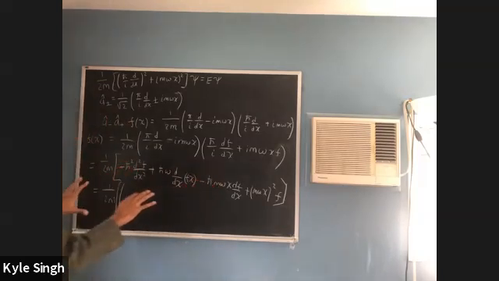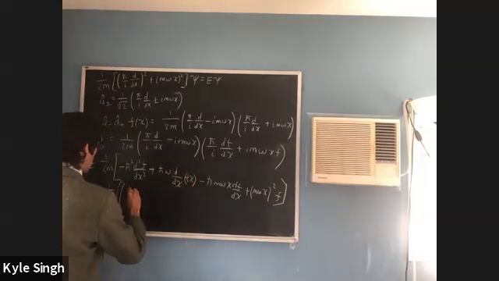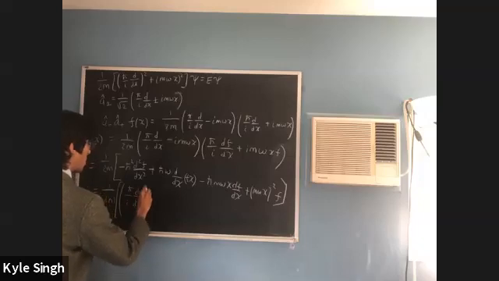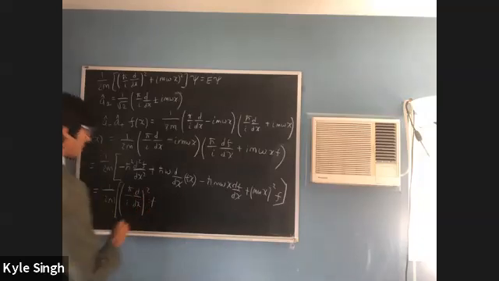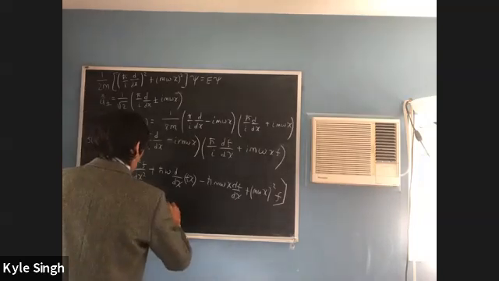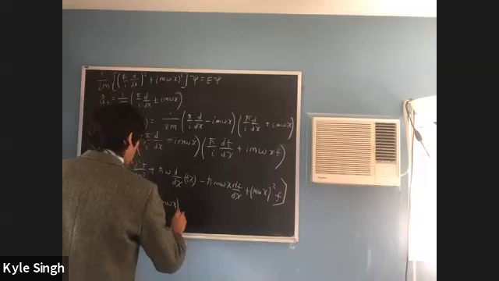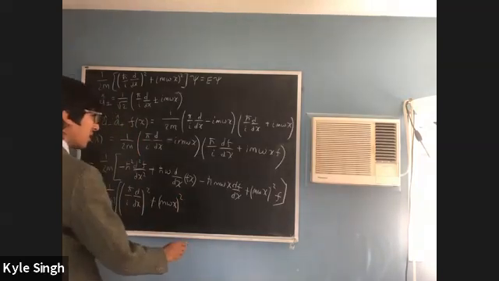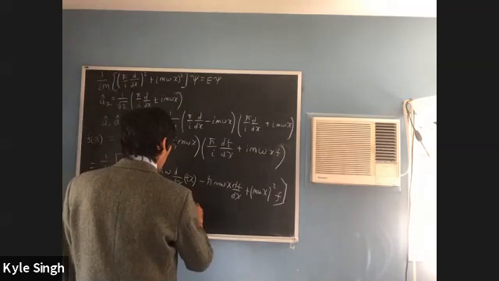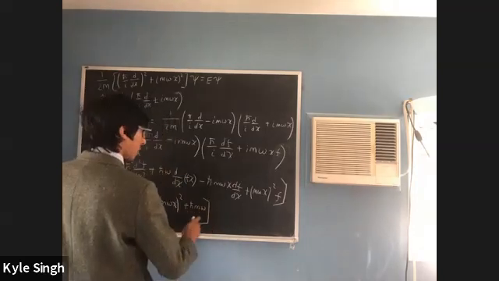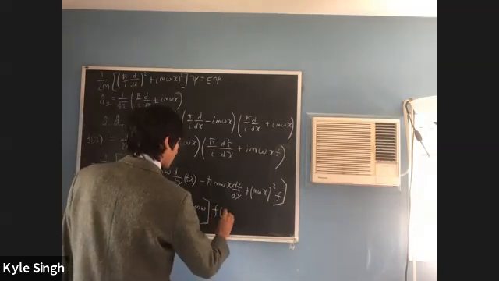Yep, so I can rewrite this as h bar over i d/dx squared plus m omega x squared plus h bar m omega, acting on f of x.